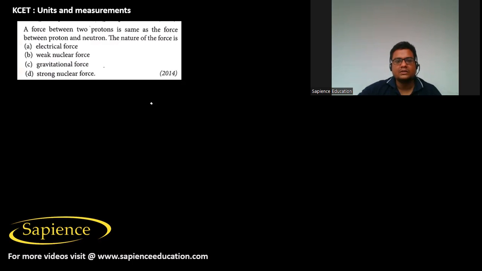Since within a nucleus, the nuclear force will act in between any two nucleons, and this nuclear force is having the same magnitude within the nuclear range in between two protons, or two neutrons, or a proton and a neutron, and that force is called the strong nuclear force. So option D will be the correct answer.